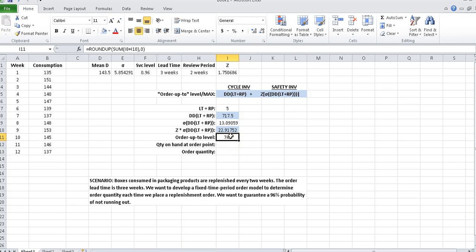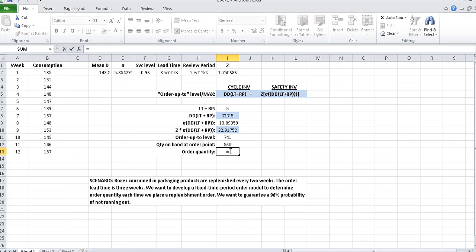We've got this whipped now. All we have to do is we go out on our next Friday that it's time to order. We take stock and we determine that we have 560 on hand. This is our order up to level. This is how many we have.